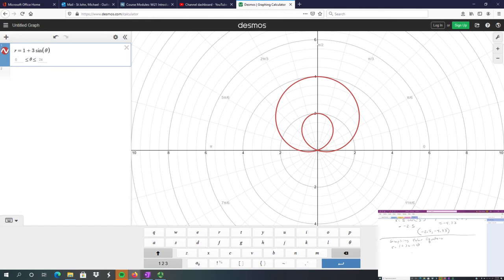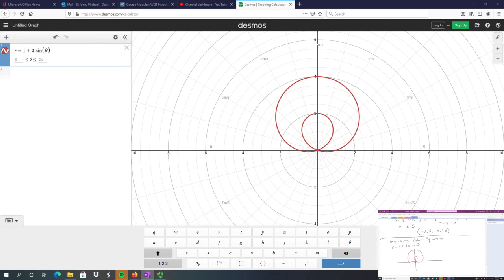And so let's make a quick version of that graph here on my whiteboard. And so my graph looks something like that.